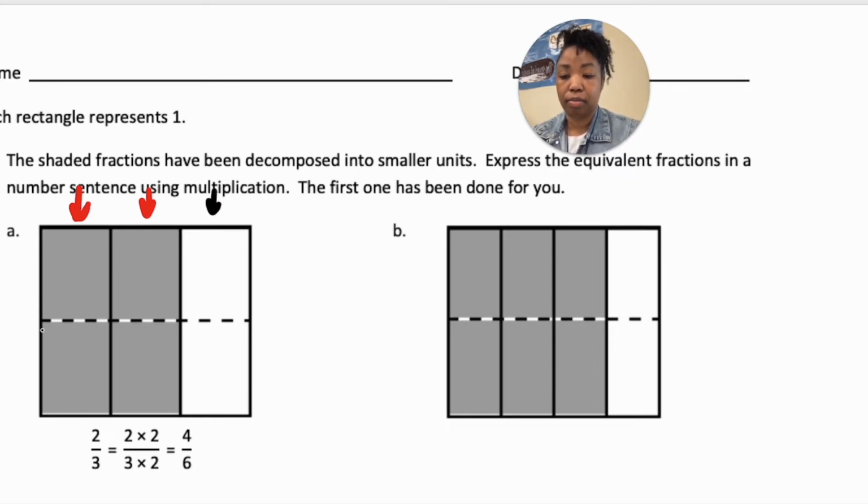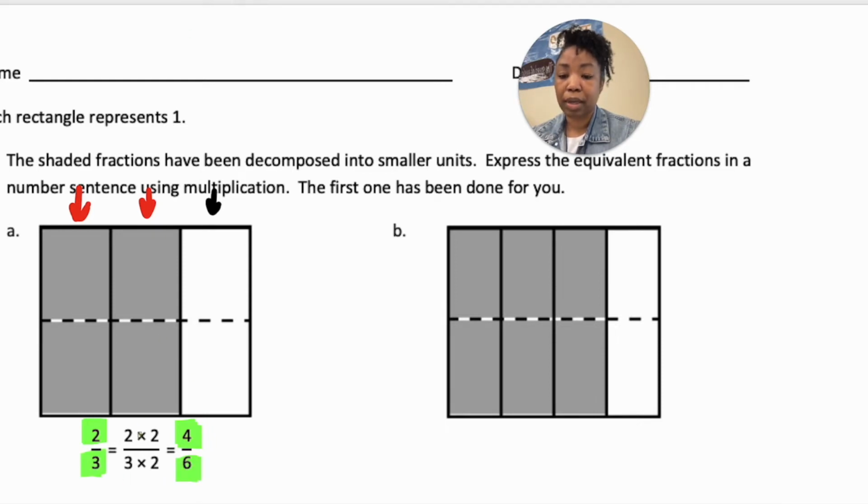Then they decompose this into 2 rows. So now instead of 2 parts shaded, it's 4 parts shaded. Now instead of 3 parts total, it's 6 parts total.